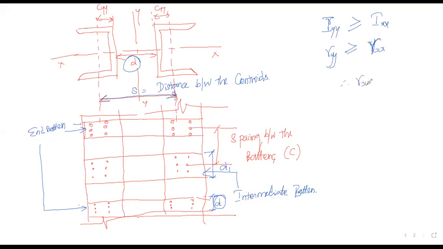Always RXX is equal to R minimum. This is for column members that are spaced apart. Since here we have some spacing between the centroid and the member, because of this the IYY value and the RYY value become high.